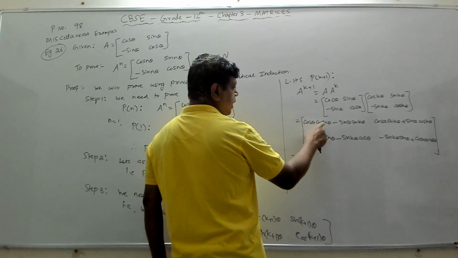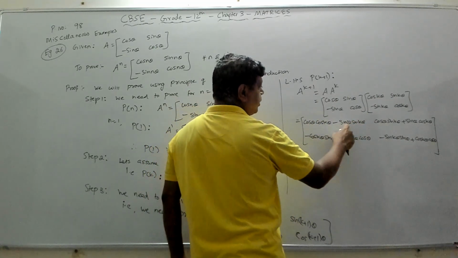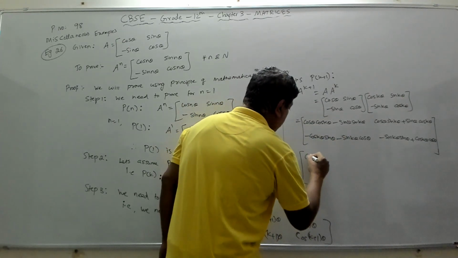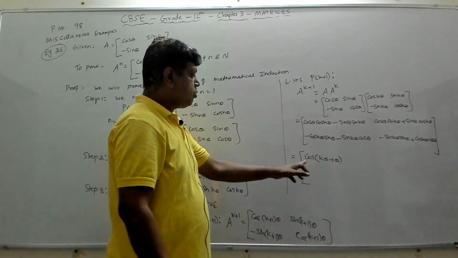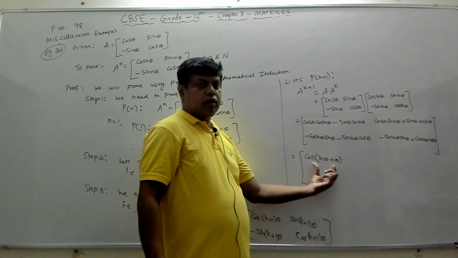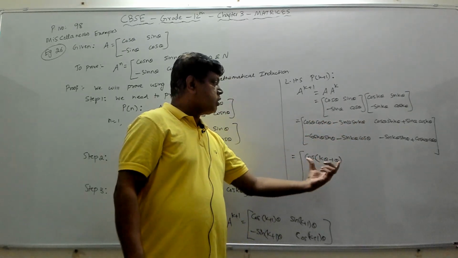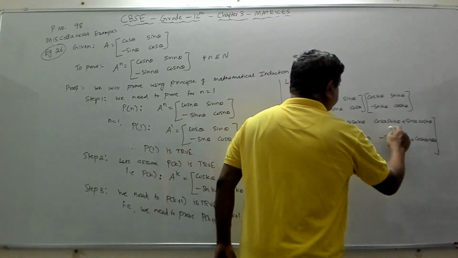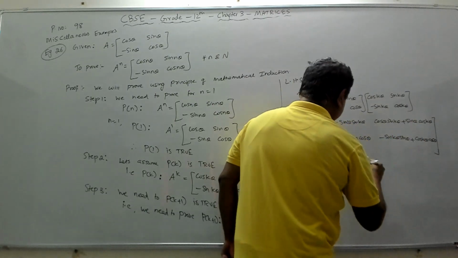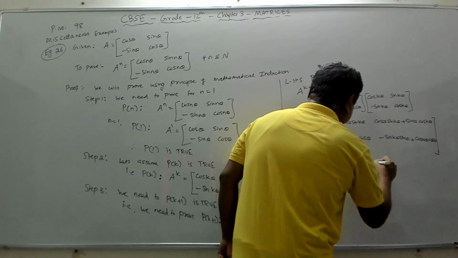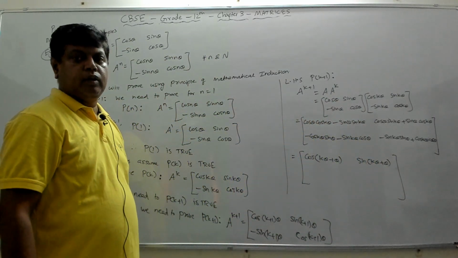If you take k theta as A and theta as B, cos A cos B minus sin A sin B can be written as cos of A plus B. And again this looks like sin A cos B plus cos A sin B. That is sin of A plus B.